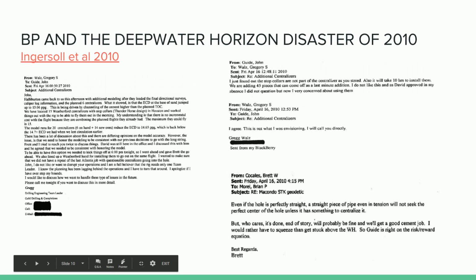In this case, it seems to be mostly about the time that it would take, and it's something around $500,000 a day to operate the rig. So having a 10-hour delay on their operations is a huge expense, and so they decide that the time delay and the expense it entails is not worth the effort, and they go through with the drilling anyway, and the drilling leads to this blowout.